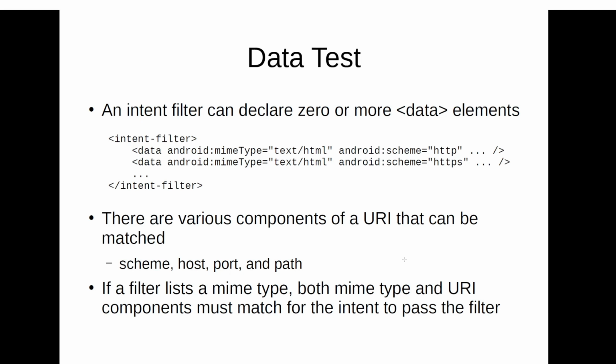The 4 possible attributes are scheme or protocol, host or server, port, and path. Additionally, a data element may have a MIME type specified. If the filter lists a MIME type, both the filter and the data element in the implicit intent must specify the same MIME type.